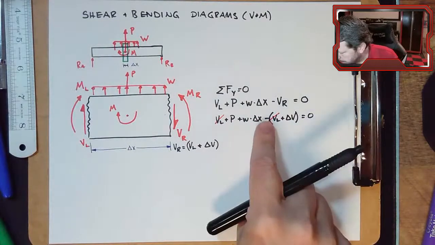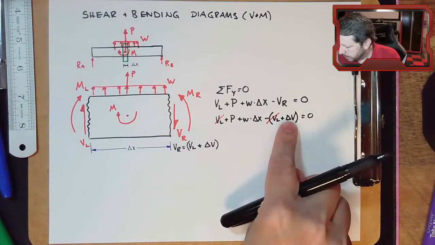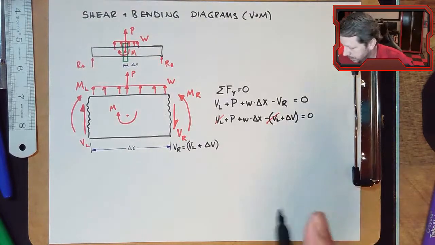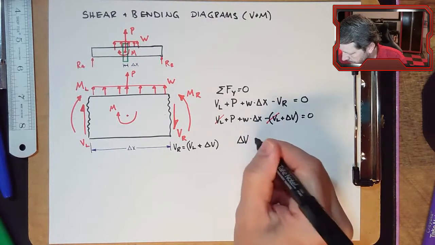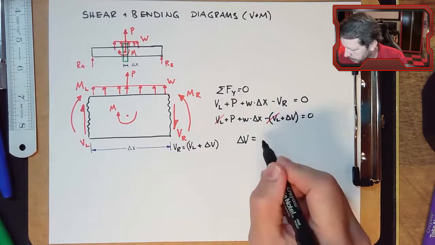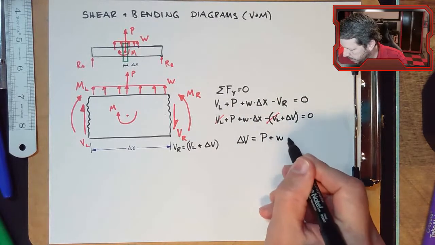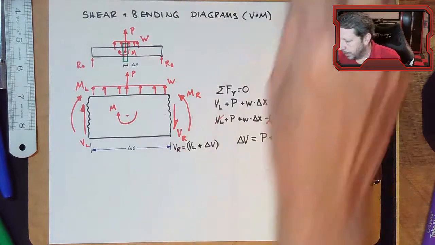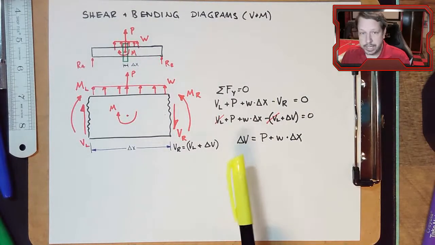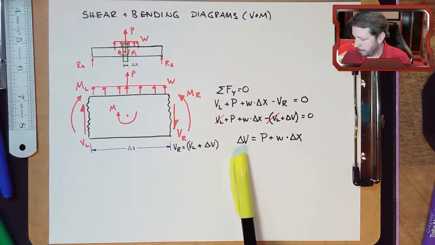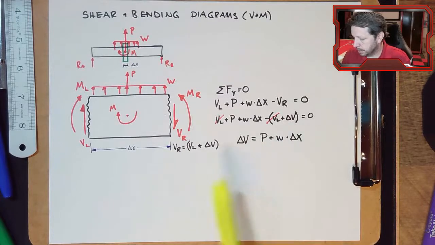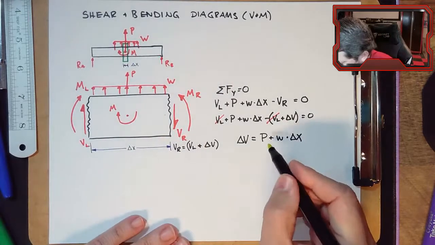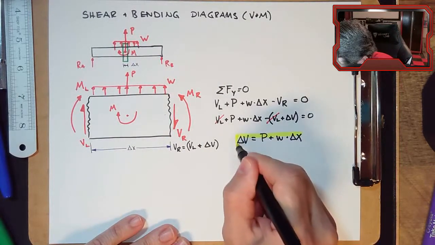I've got negative delta V, so I'm going to take that negative delta V and move it over to the other side of the equal sign so that it becomes positive delta V equals, and then all that's left over here is P plus W times delta x. So this gives me an equation that describes the change in shear, delta V, based on point loads and distributed loads. Notice it doesn't have anything to do with the bending moments here. It's just point loads and distributed loads.